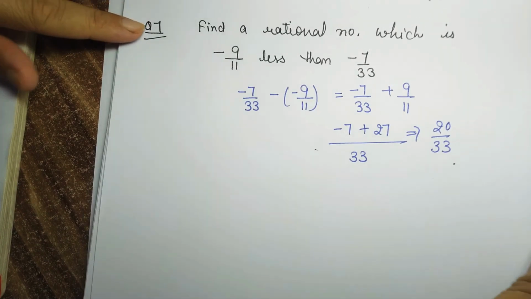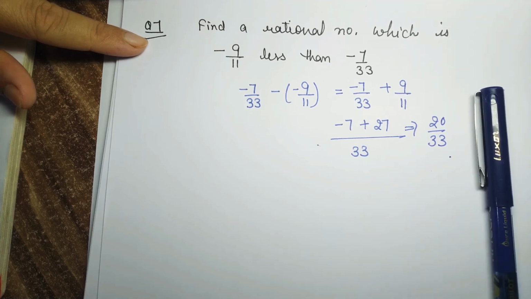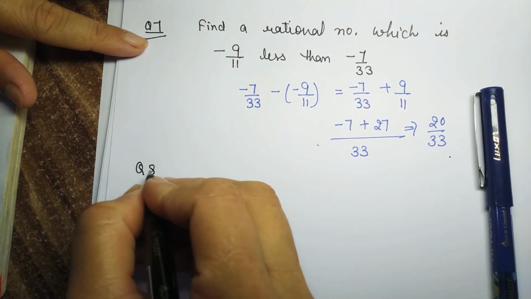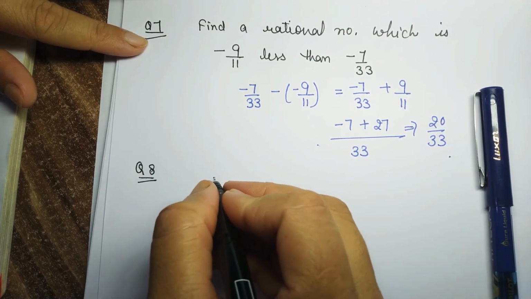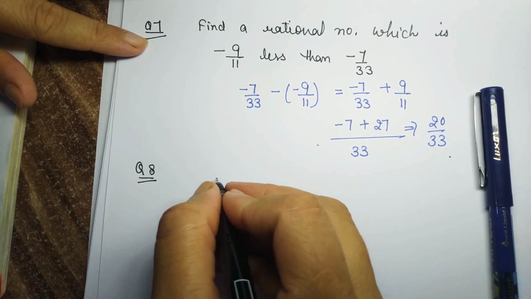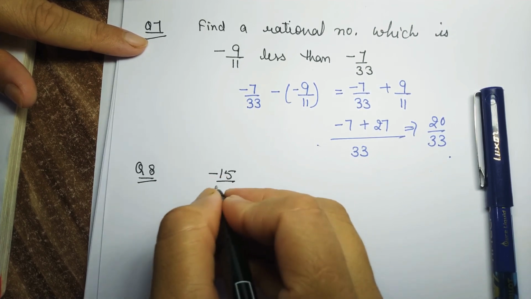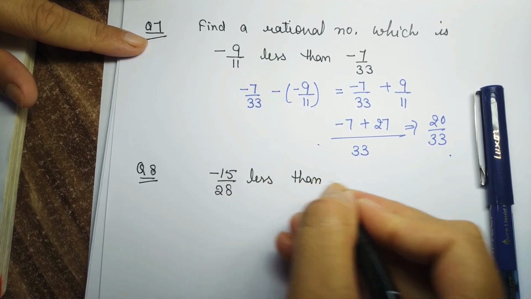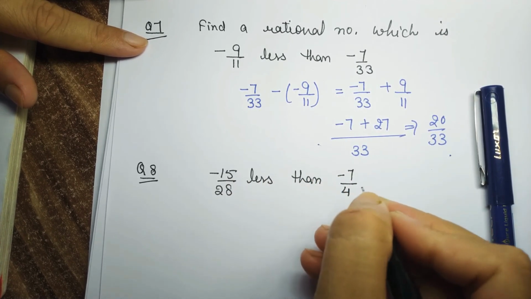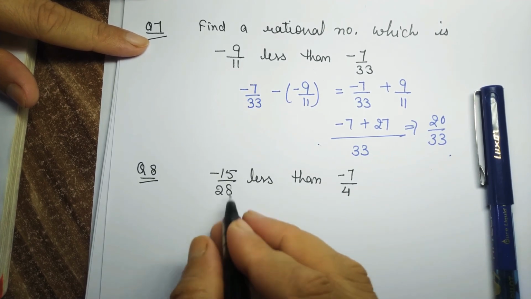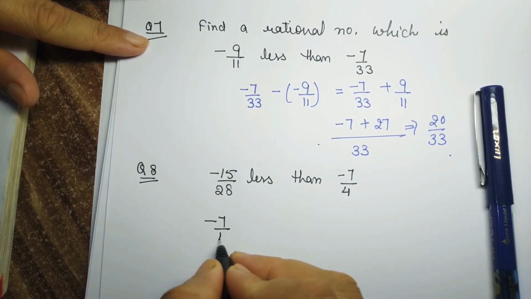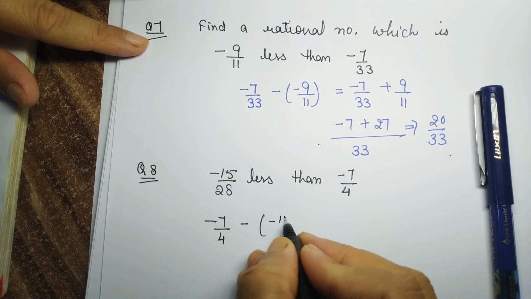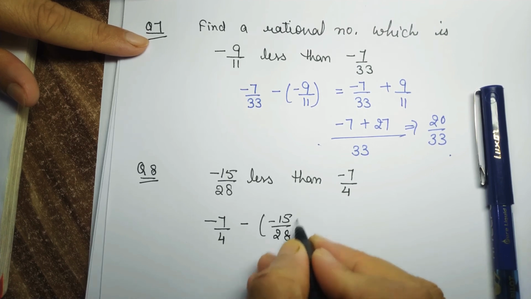Okay, now the last question of this exercise, question number 8. In question number 8, they ask to find a rational number which is minus 15 by 28 less than minus 7 by 4. The same type of question. So minus 7 by 4 minus minus 15 by 28.